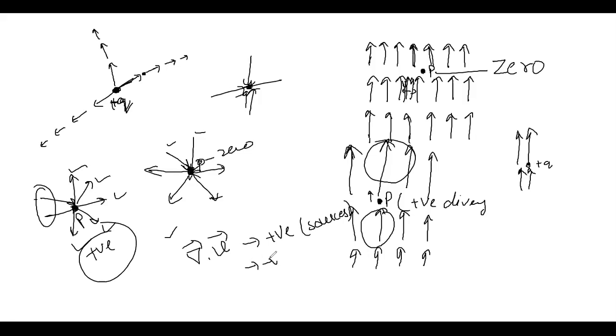If your divergence comes out to be negative, then those are called as sinks. And if your divergence is 0, then these kind of fields are called as solenoidal fields.